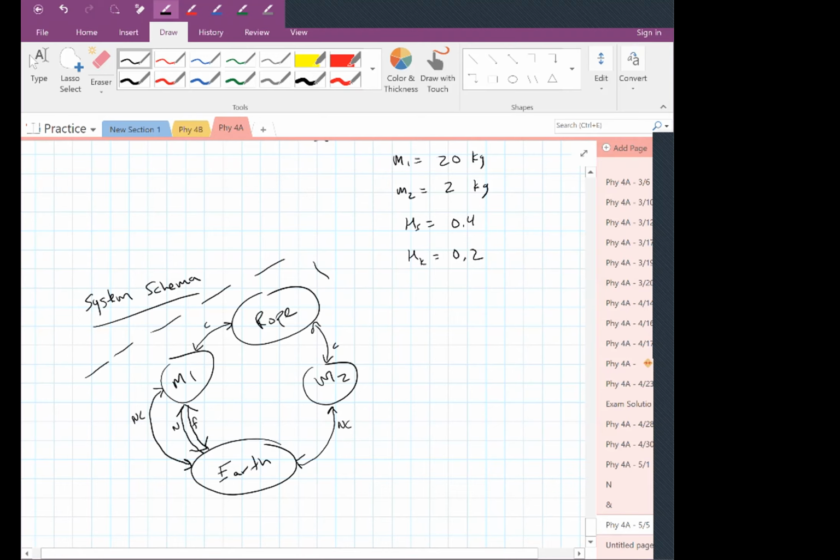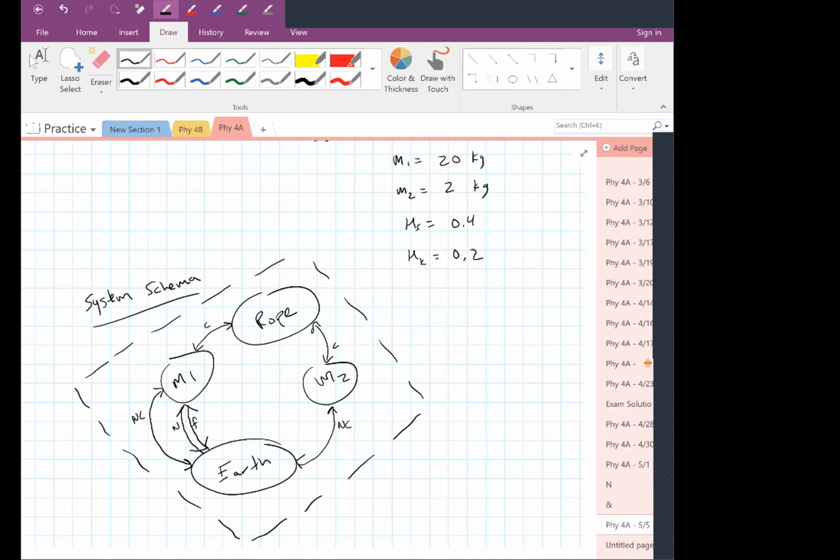Because the rope is completely in the system, I don't really worry about it, right? When I do energy problems, if the whole rope is in my system, I don't care about it, because whatever it does to one block, it does the opposite to the other one, right? If it makes one block speed up, it makes the other one slow down. The internal forces cancel out. It doesn't do anything to my system.